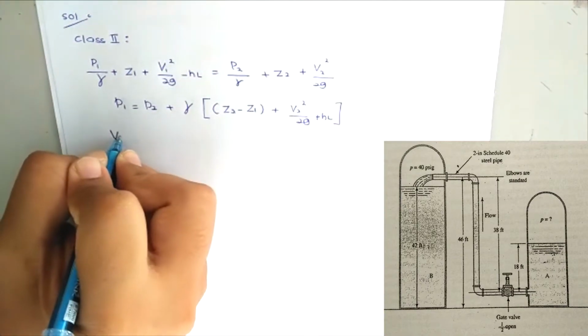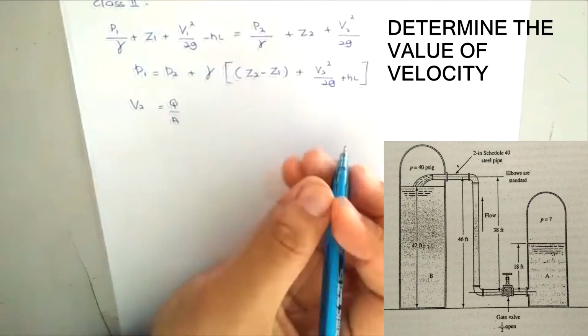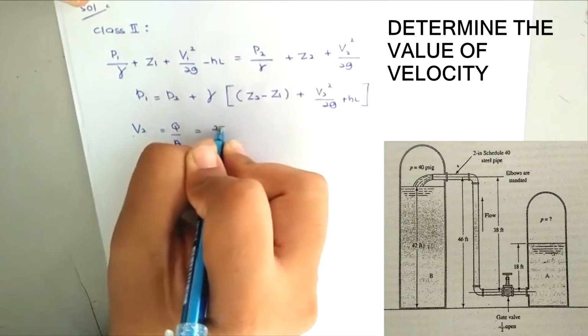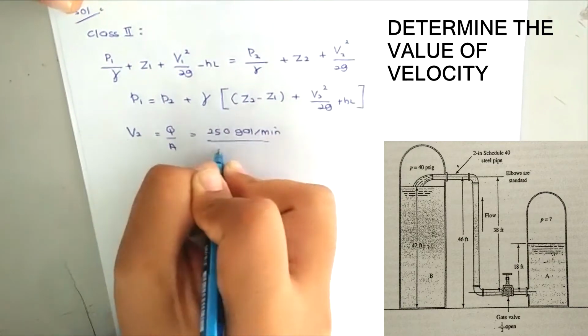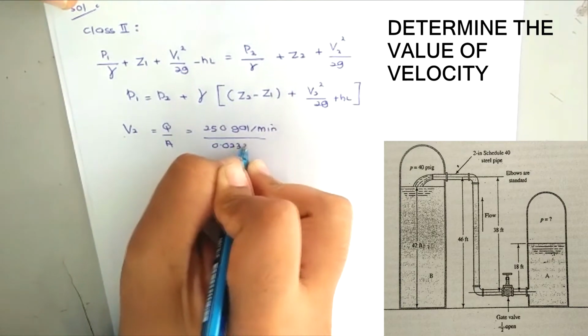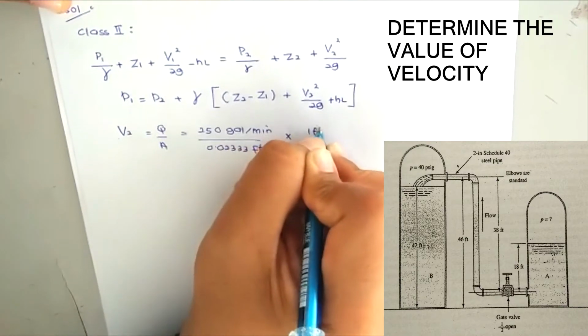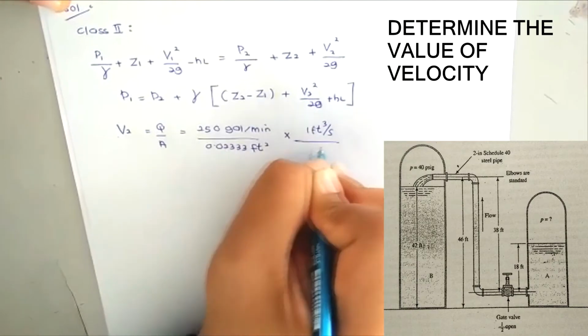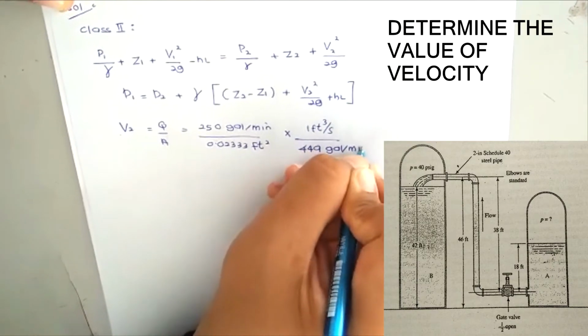After that, calculate V2 by using the formula V2 equal to Q over A. The value of Q is 250 gallons per minute, and the value of A is 0.02333 feet squared. The value of A can be obtained from schedule 40 for 2-inch pipe size. Then the answer is converted into feet per second.